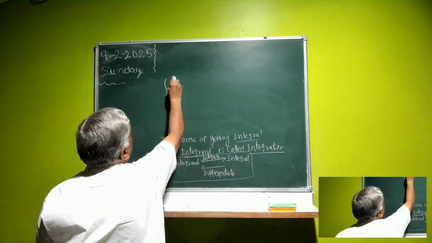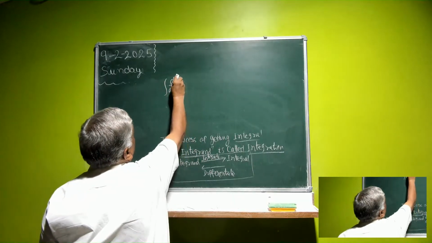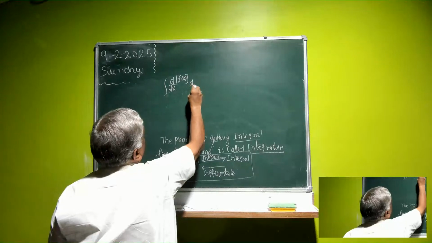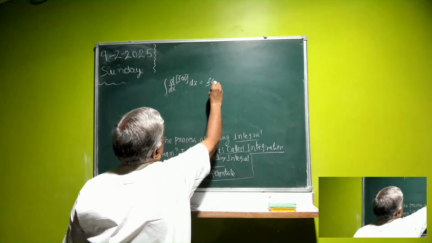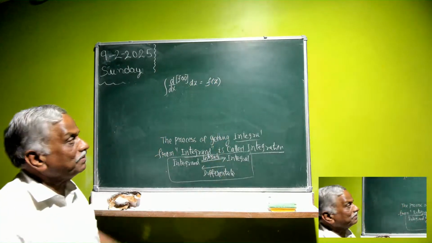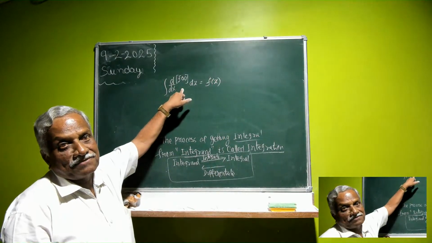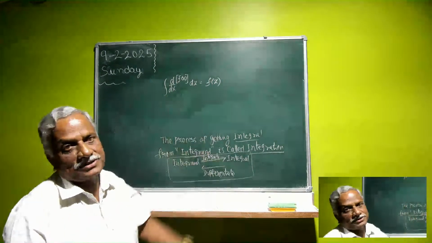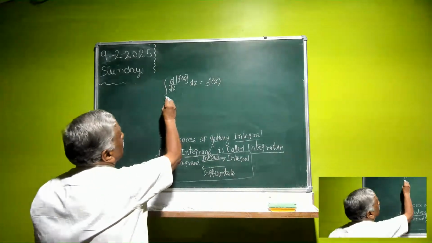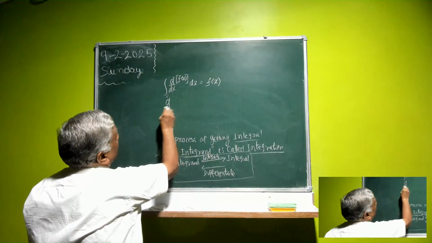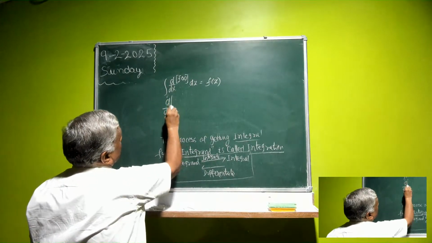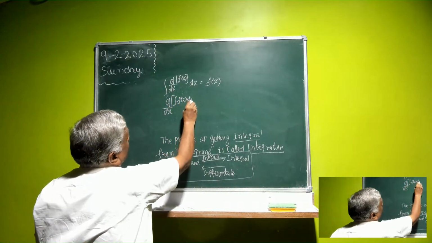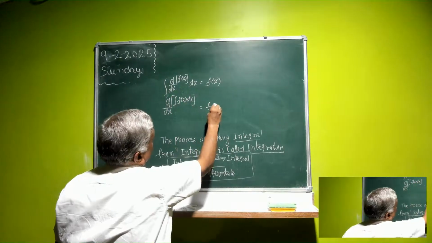Integral of d by dx of f of x dx is f of x. That means I am differentiating a function, and at the same time, I am integrating, I get back the function.